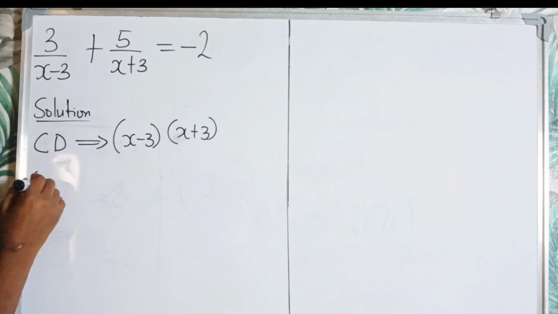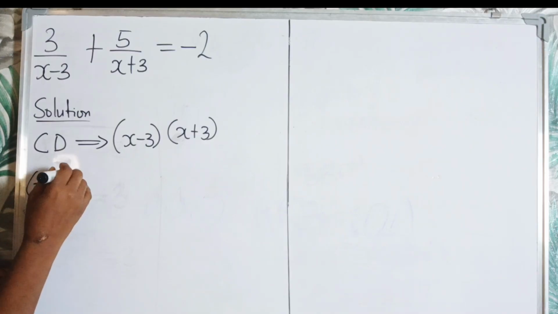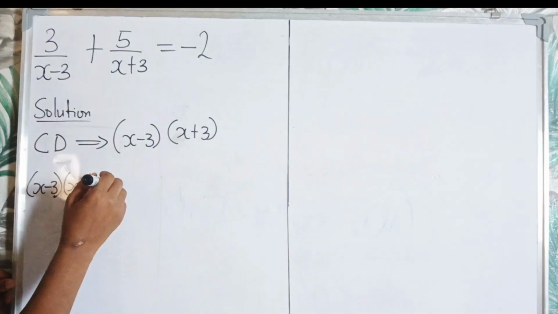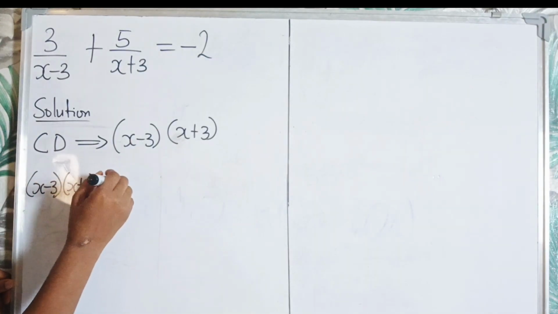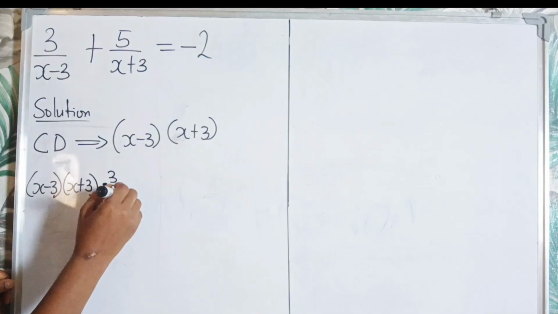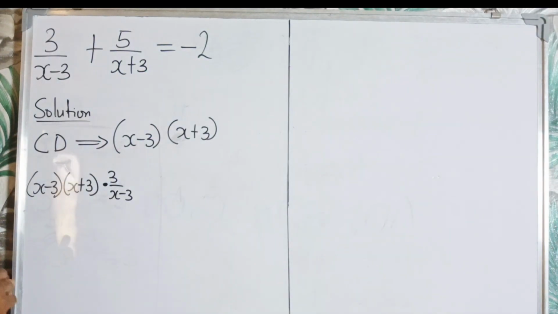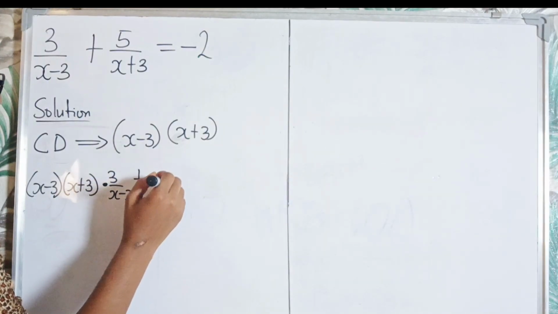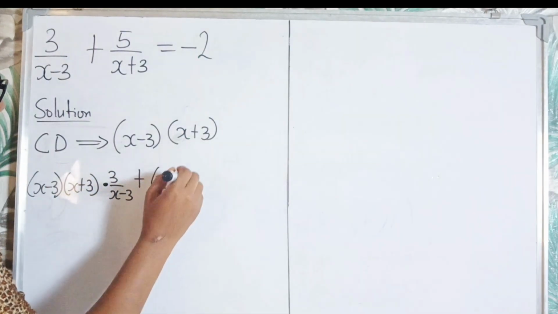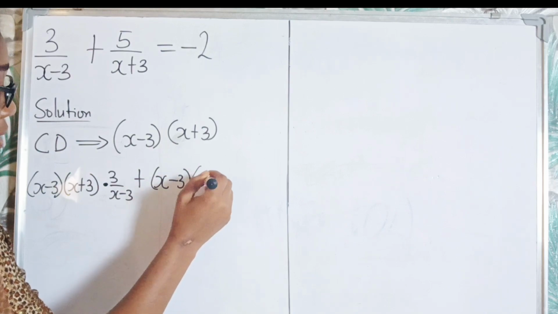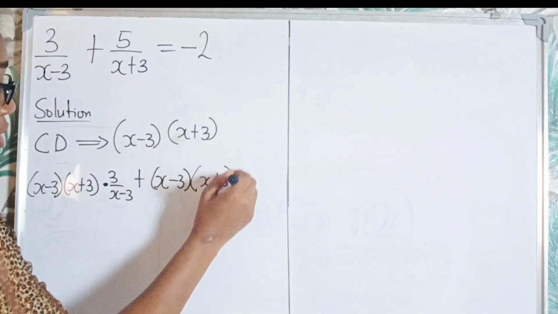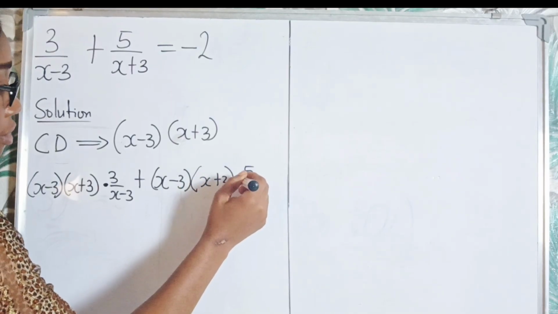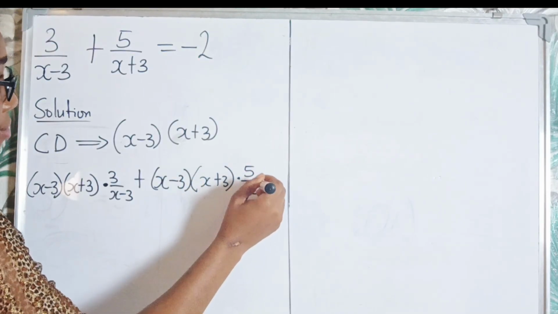Here I have x minus 3 into x plus 3, multiplied by 3 over x minus 3. Now this is plus x minus 3 into x plus 3, and you multiply this by 5 divided by x plus 3.